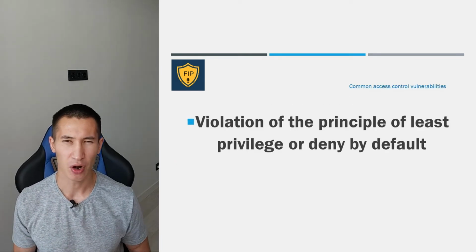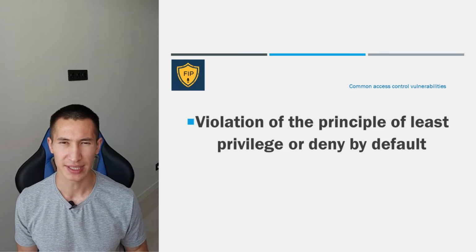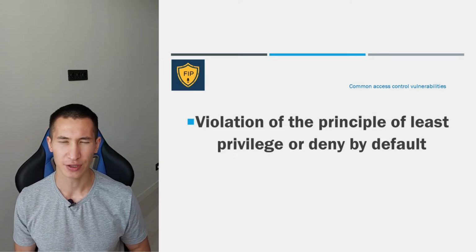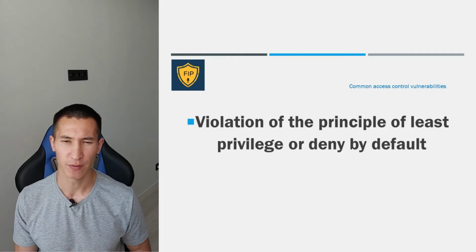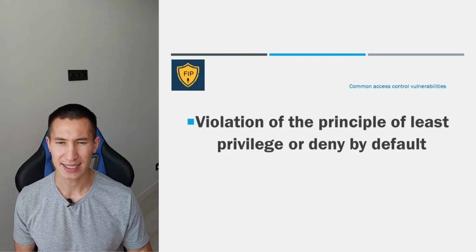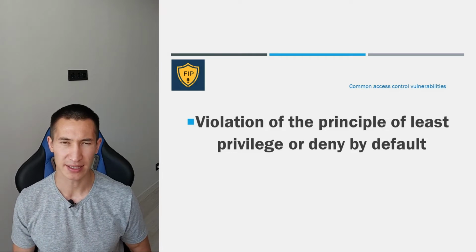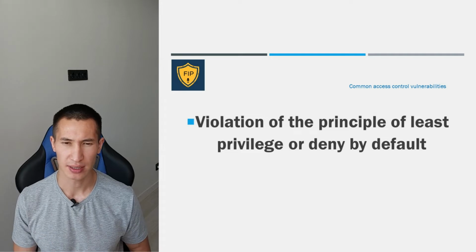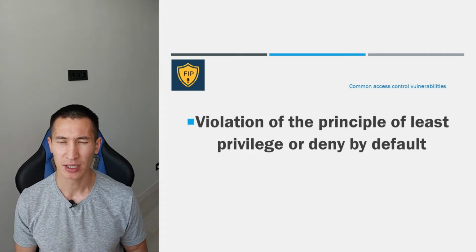Here are the most common access control vulnerabilities. Violation of the principle of least privilege or deny by default, where access should be only granted for particular capabilities, roles or users, but is available to anyone.